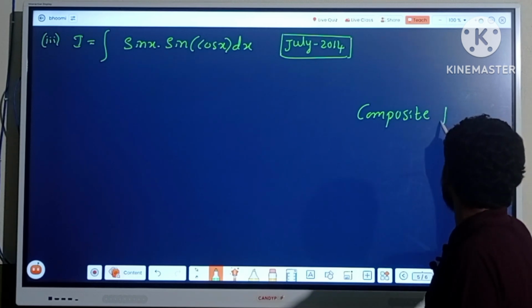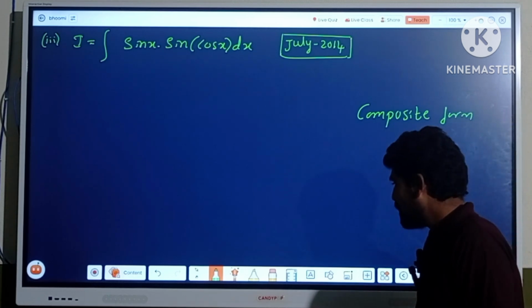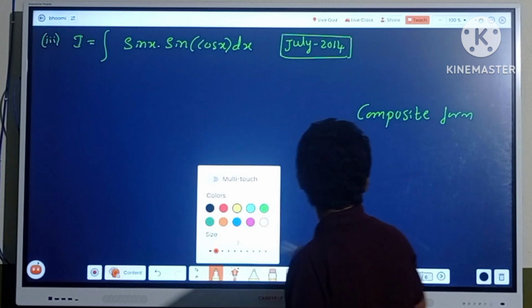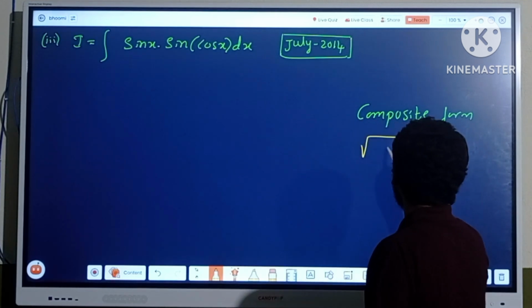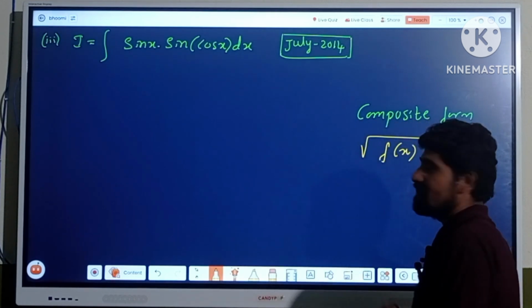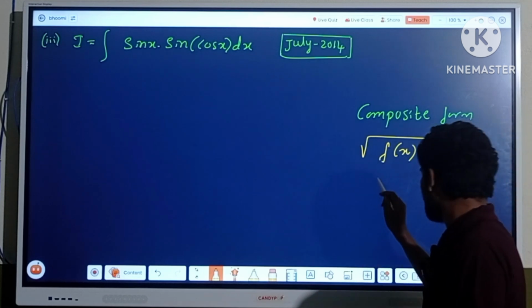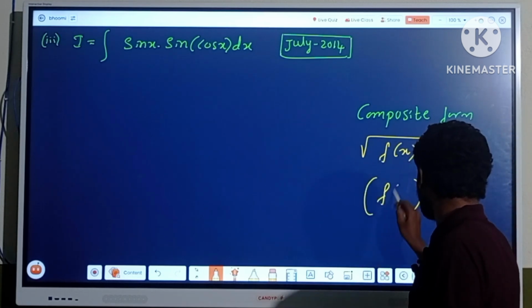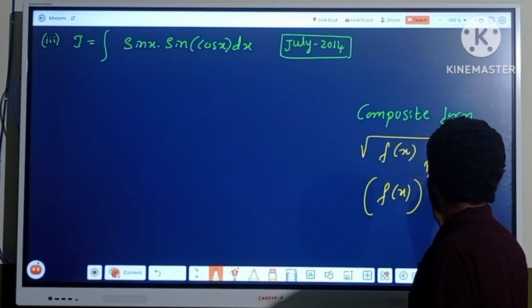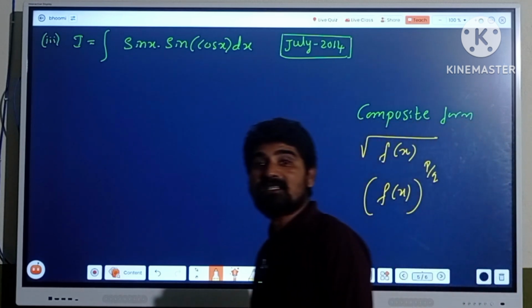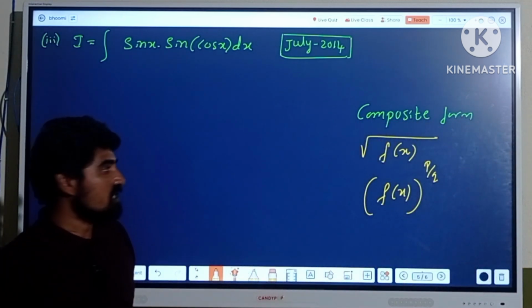Always take the substitution for functions which are in composite form, or functions under square root, or functions whose power is in rational form.